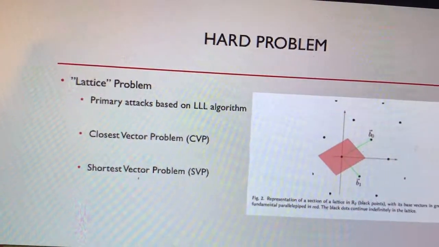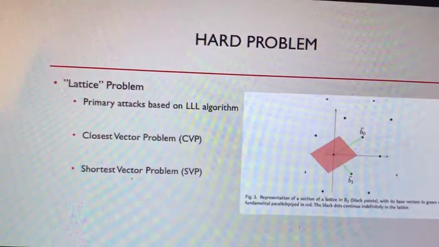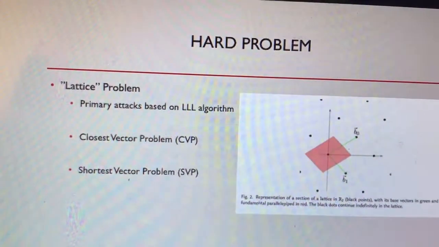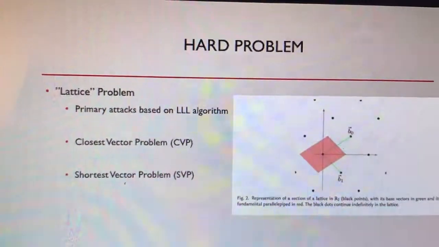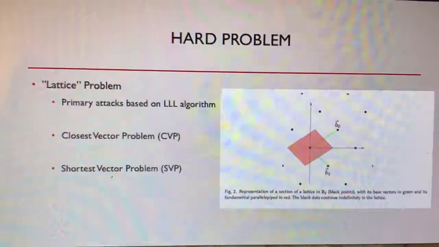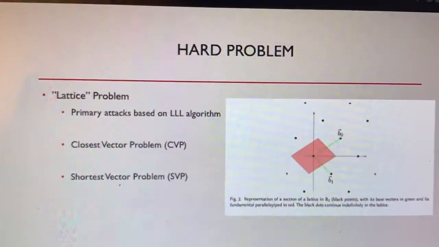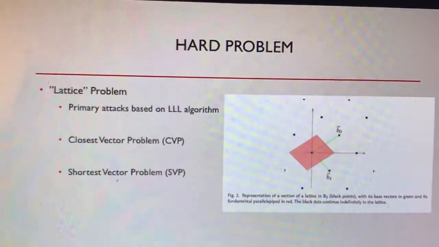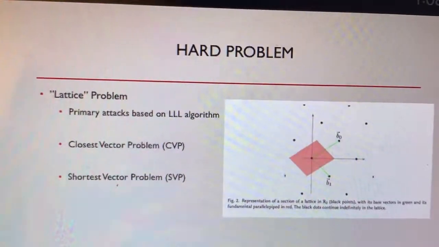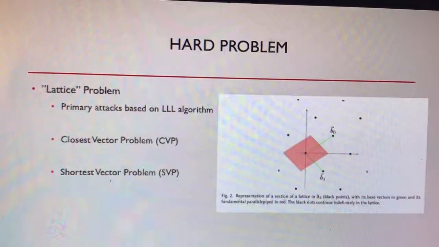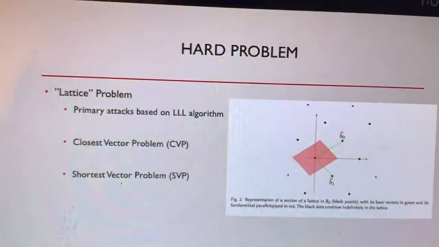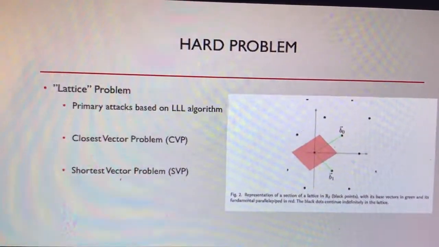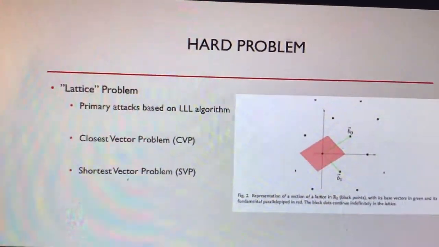The closest vector problem is concerned with a vector t and a lattice in question. Now, the question is to determine whether that vector t is a part of the lattice system, like a multiple or included in the system, or if it is an individual vector that is just very close to the lattice in question.